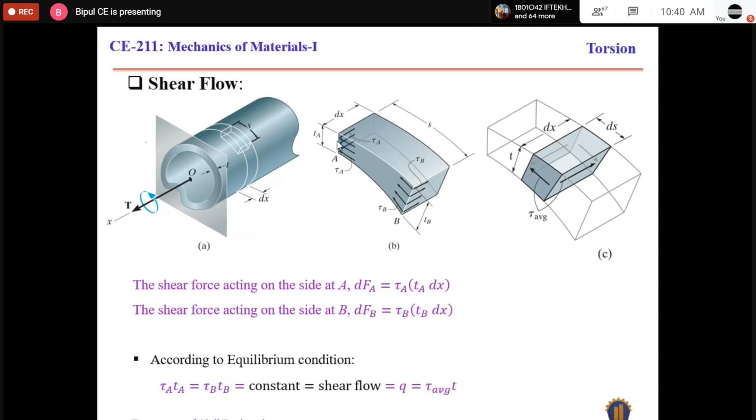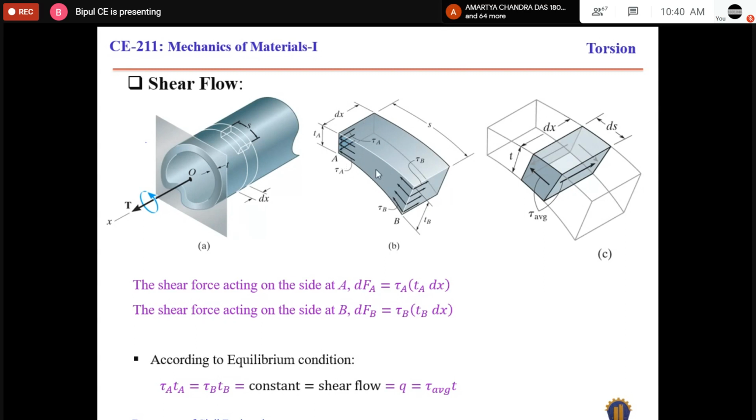So at this end A, the total shear force will be shear stress times cross-sectional area. That is the shear force at section A. Total shear stress and shear force are basically the same.